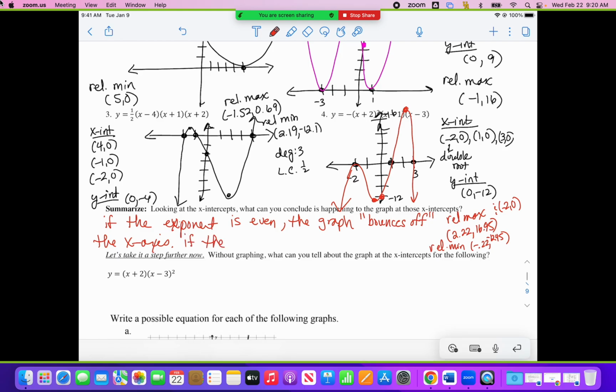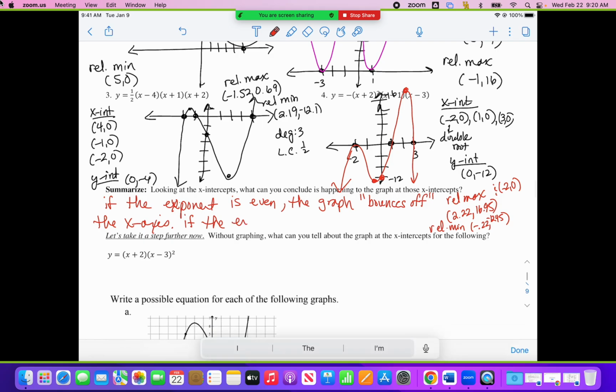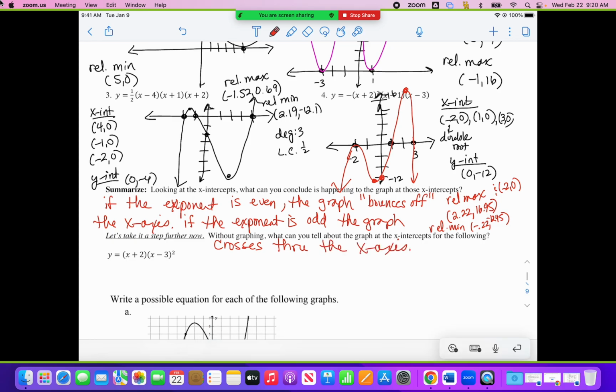If the exponent is odd, the graph crosses through. Now, I was asked a really good question. What about an x, something being cubed? It is going to cross through, but it's going to be a little bit flatter because of that exponent.